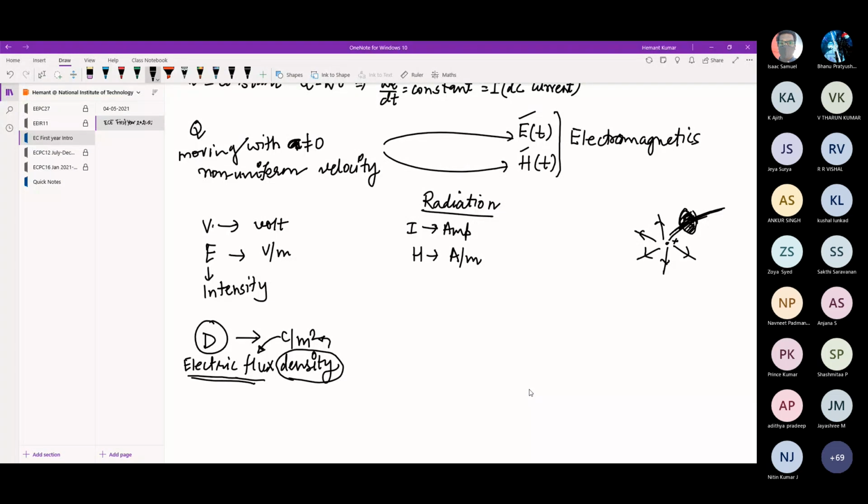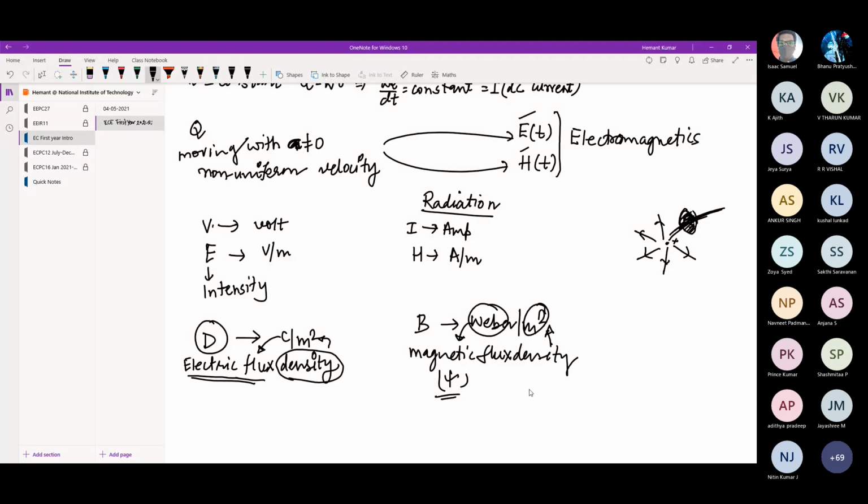That's why its unit is coulomb per meter square, meaning how much charge per unit area. Similar to this quantity we have in magnetic field B. B is the magnetic flux density, and its unit is Weber per meter square, because of the Weber, which comes from the magnetic flux. Magnetic flux is denoted by psi.